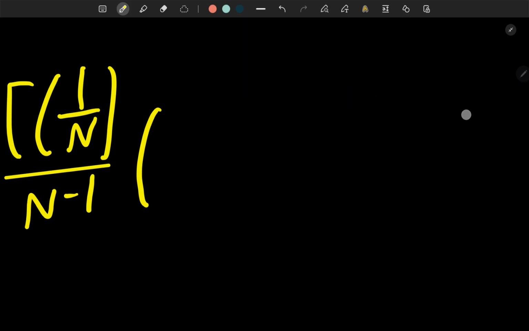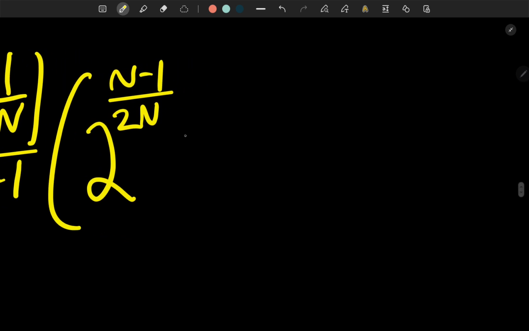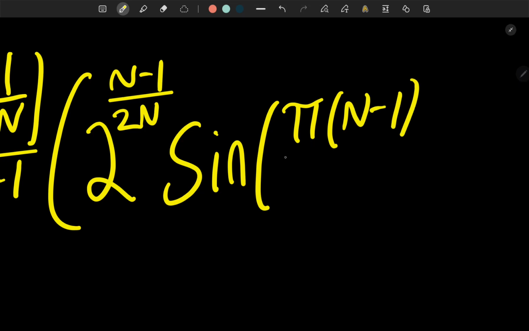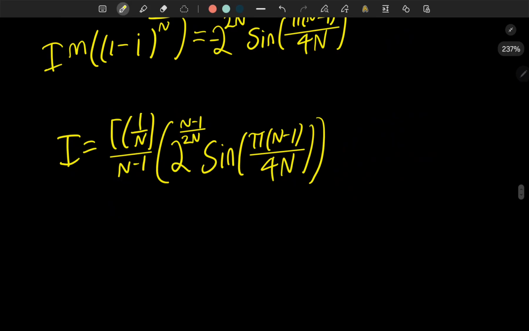This was equal to 2 to the n minus 1 over 2n, and then sine of pi times n minus 1 over 4n. There we go. This is the final result.